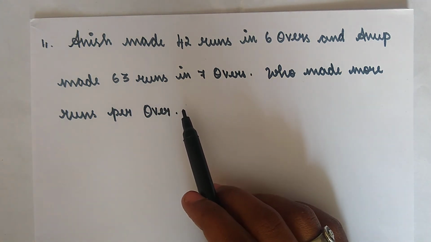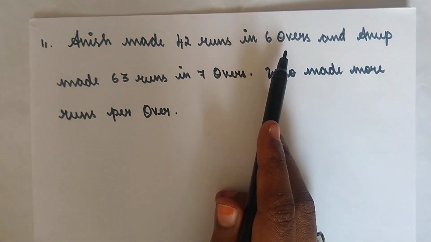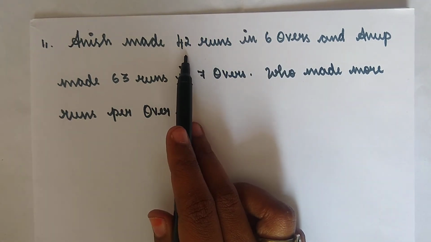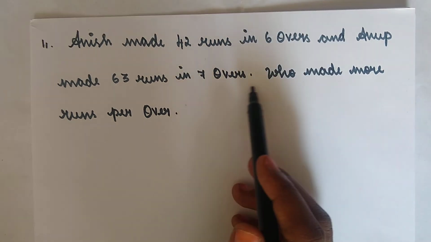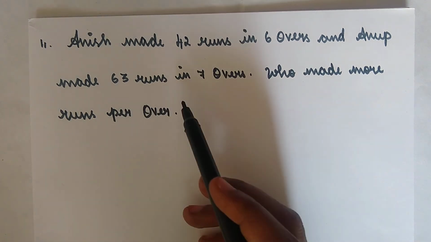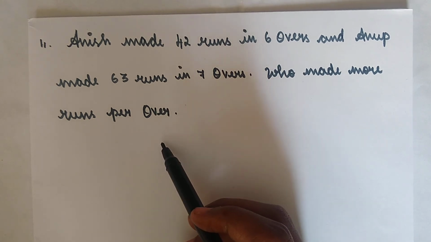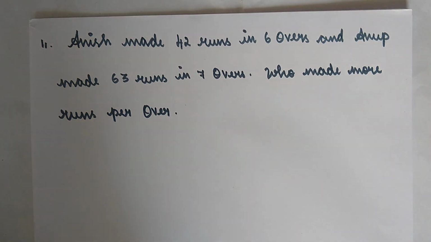Okay. So here what is given? Runs made by Anish in 6 overs equal to 42 and runs made by Anup in 7 overs equal to how many runs? 63 runs. So first we have to find runs made by Anish and Anup in 1 over. Then only we have to find who made more runs per over.